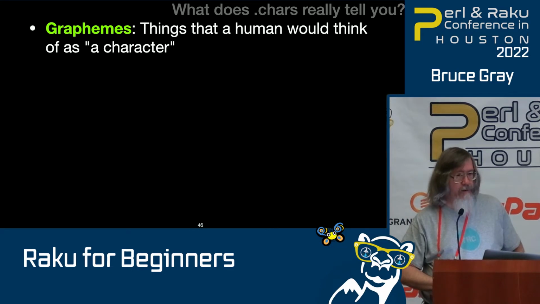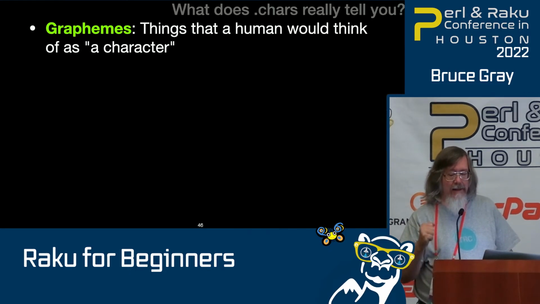We have ways to support all 3 of those, but almost always, if you're not doing Unicode geekery, what you want is grapheme level. And that's what Raku always does if you don't tell it different, it operates at the grapheme level, because that's human level.